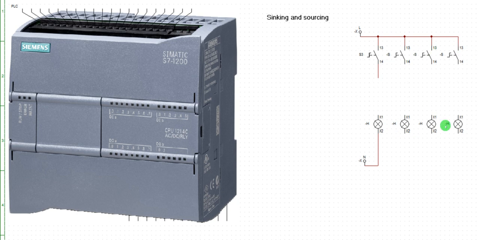I will carry the whole of this and line up my inputs. Each of them is going to activate a different output respectively. For instance, this one activates this, this one activates this. Because of that, I will also line up their neutral to them.